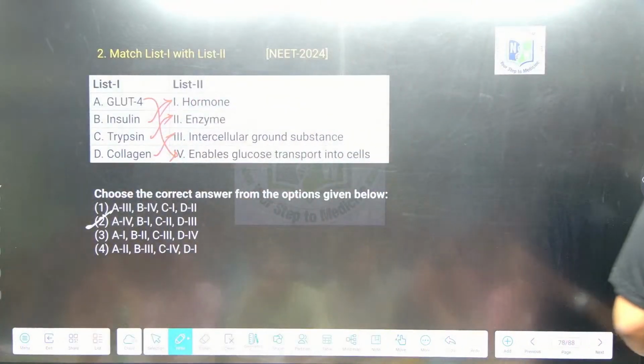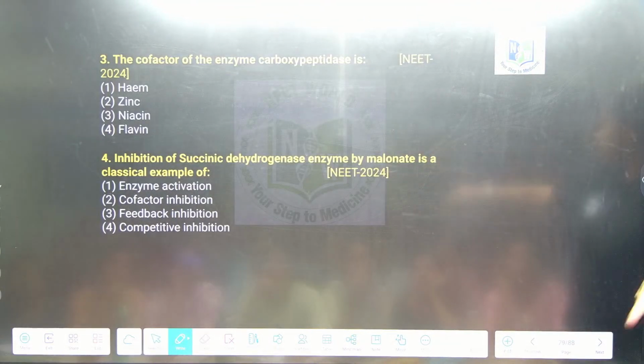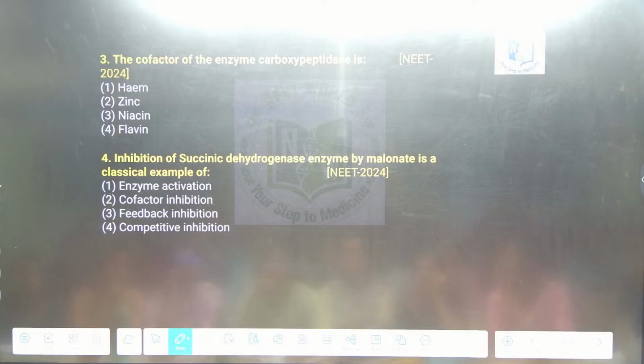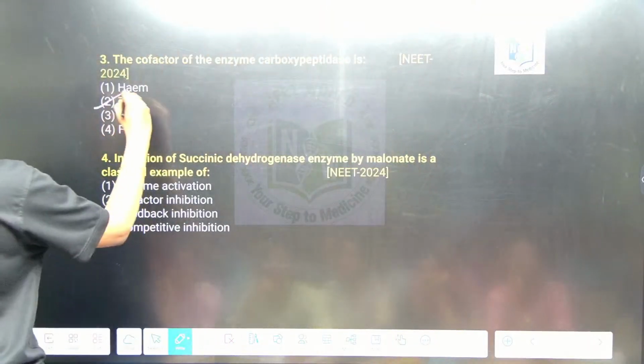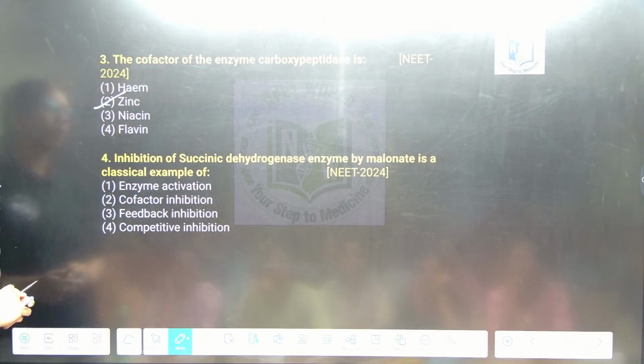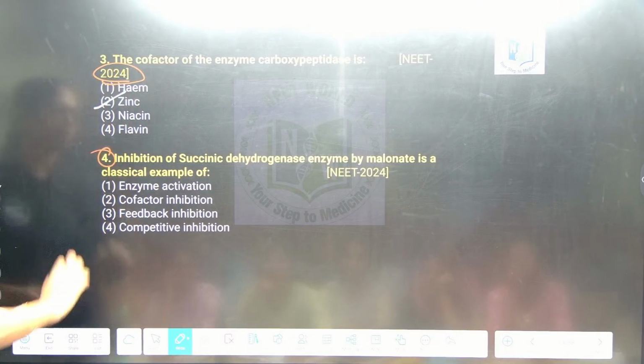The right answer is 2. Very good. This is a NEET PYQ. Next question to row B. Even you can answer. Who said? Okay. Just now we have learnt about carboxypeptidase. This question was asked in 2024. Next, fourth.